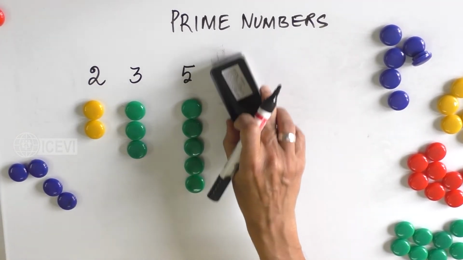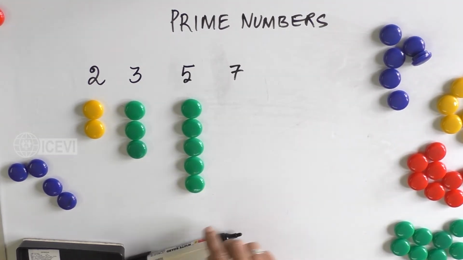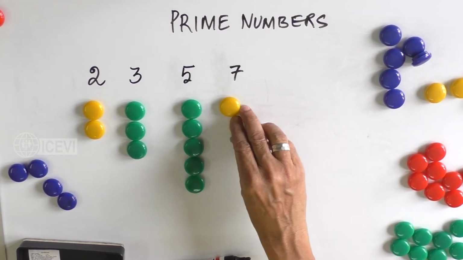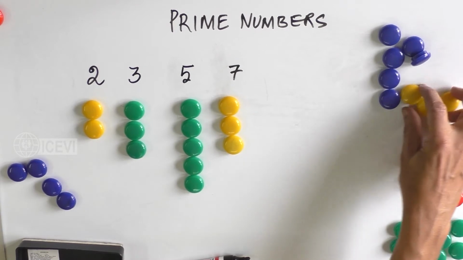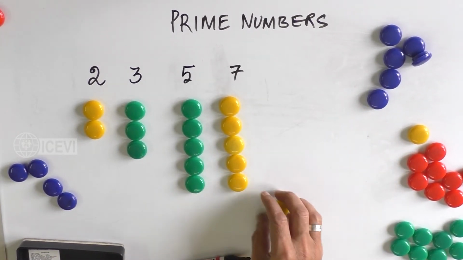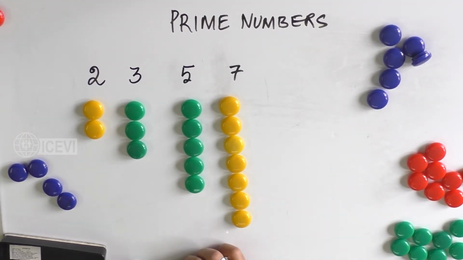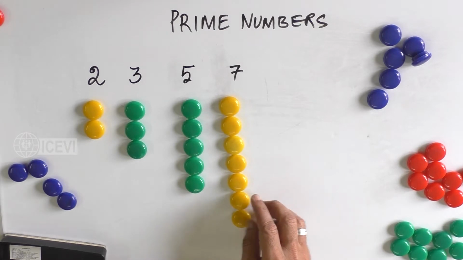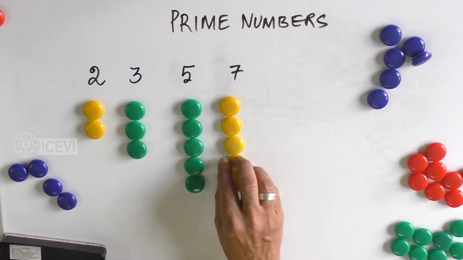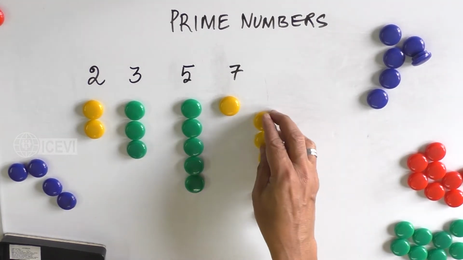Now let us take 7. In the case of 7, we have to apply the same rule, right? 1 is a divisor, 7 is a divisor. Now we have to find out whether any other divisor is there other than 1 and 7. 2, 2, 2 are taken away, and then we get 1 as a remainder.